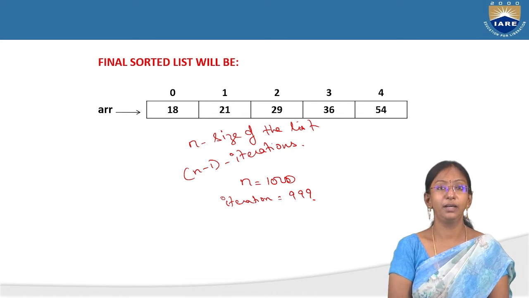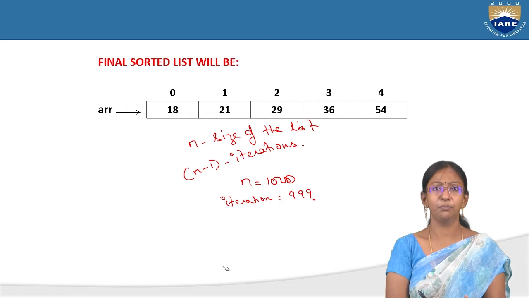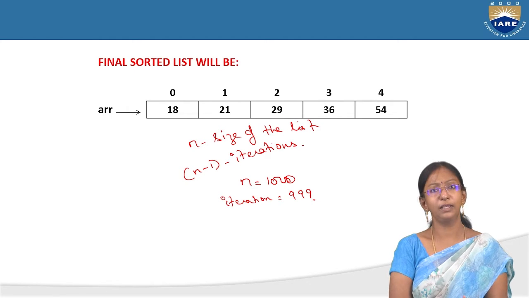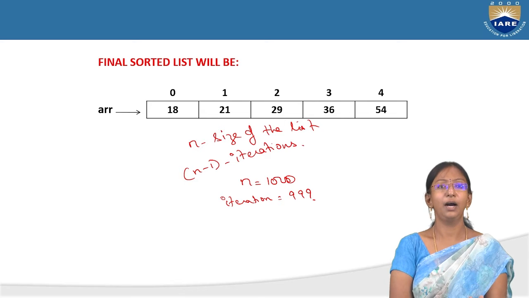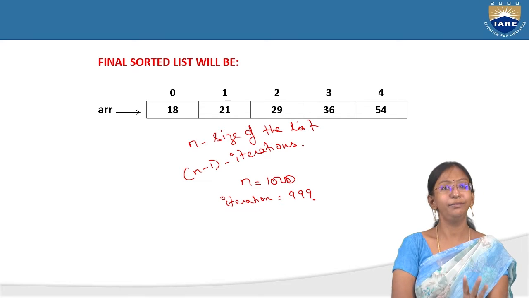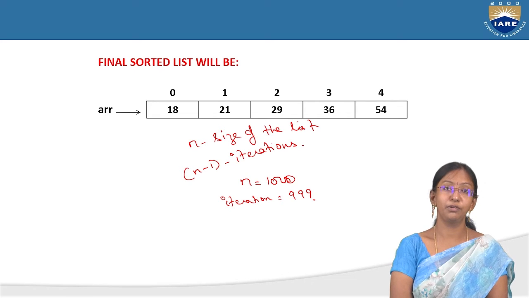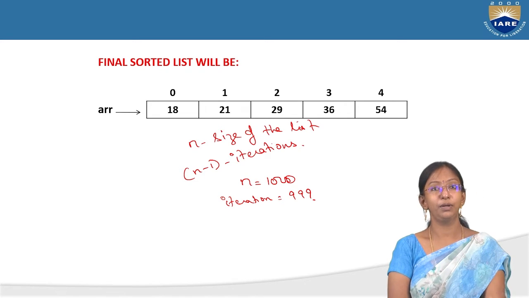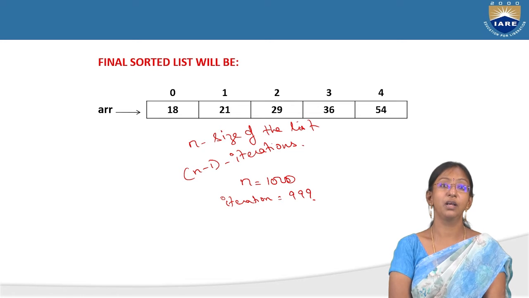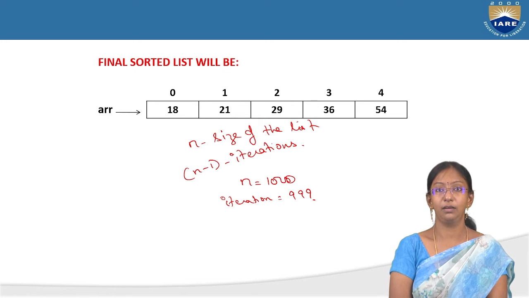That's why we call bubble sort a very simple technique, a very useful and effective one if you have very few, that is a handful of elements to sort. If you have more elements to sort, then the complexity of this process rises drastically.